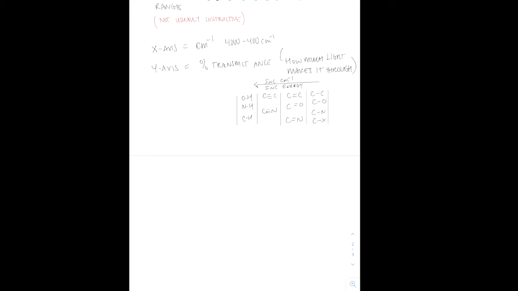Notice the CHs are all over here. I'm sorry, the hydrogen bonds, like the OH, NH, and CH. So these are all bonds to hydrogen. And the next column right here is the triple bonds. And then we have the double bonds. And then we have the single bonds.